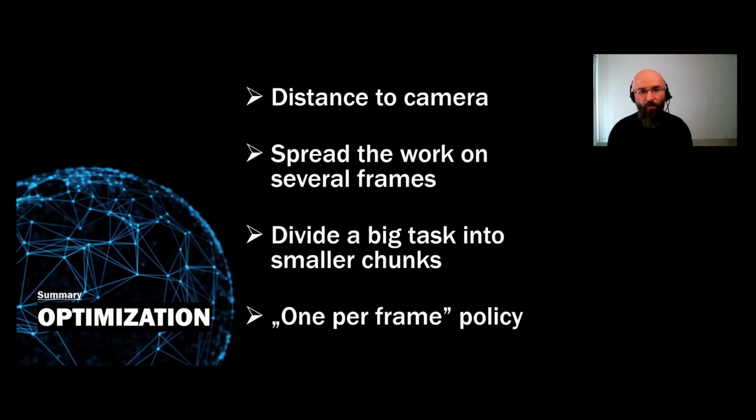For example, the one per frame policy can help you spread the work over several frames in your game. In this case, you are getting a much more stable frame rate, and you are avoiding performance hitches.